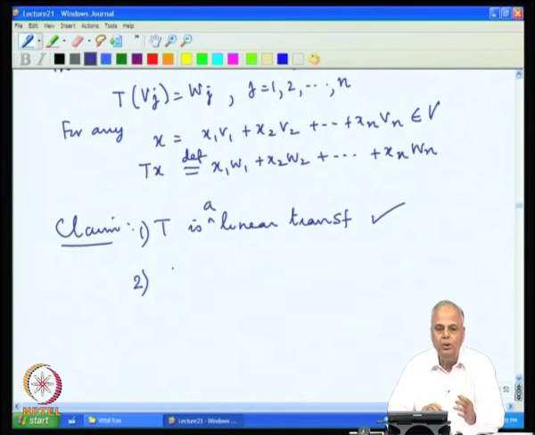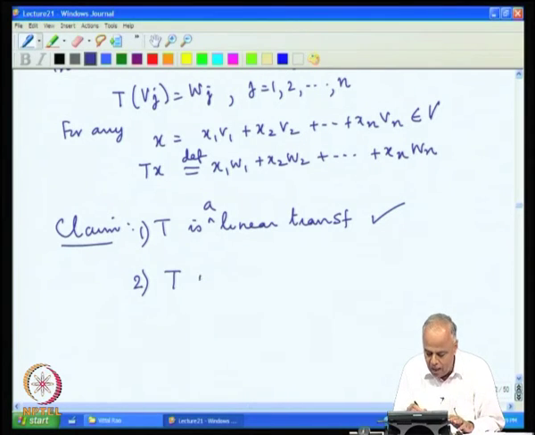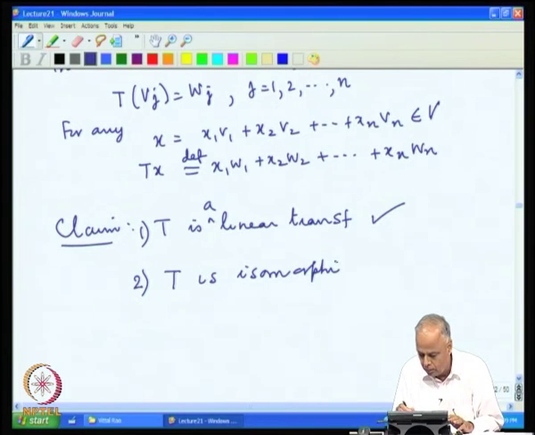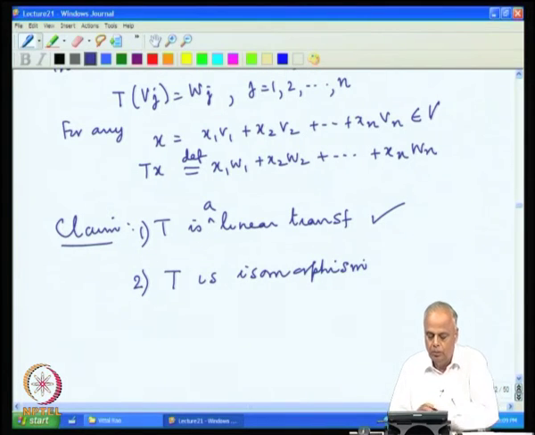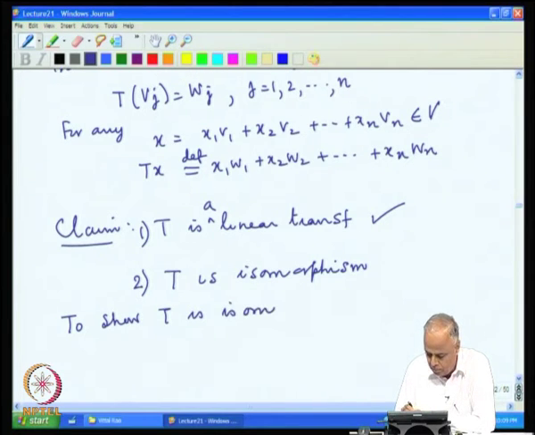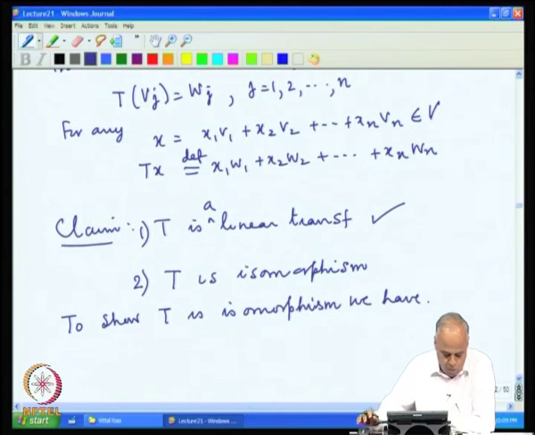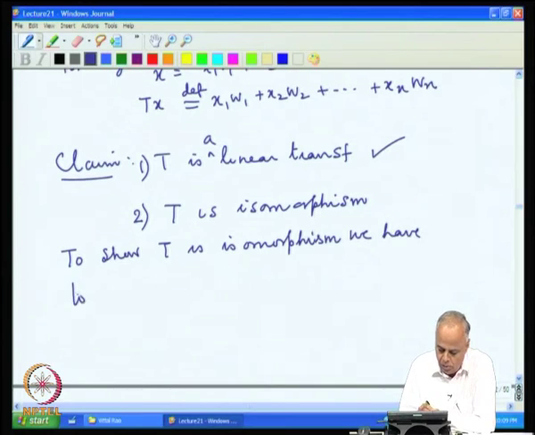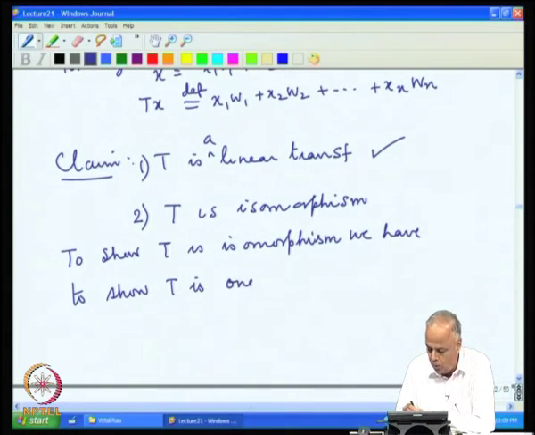So, we are going to claim that T is an isomorphism. To show T is an isomorphism, we have to show that T is 1 1 and onto.